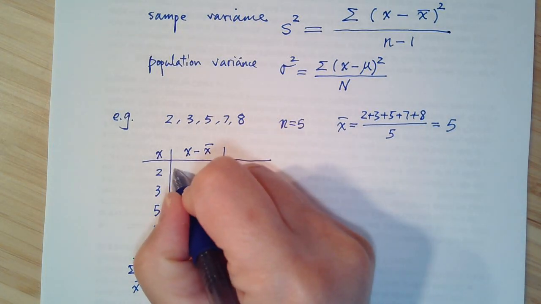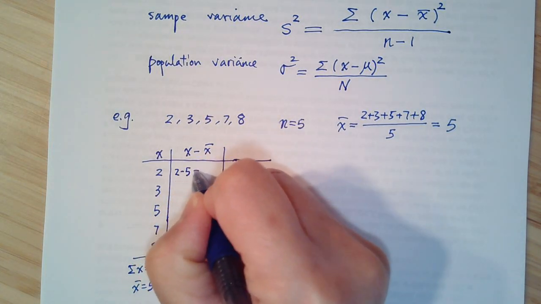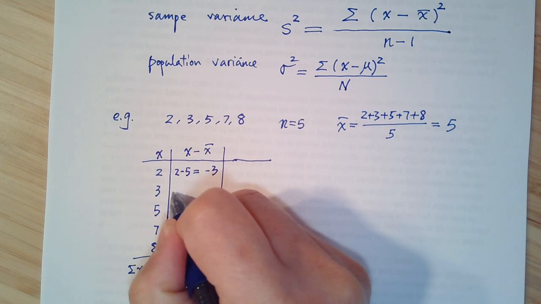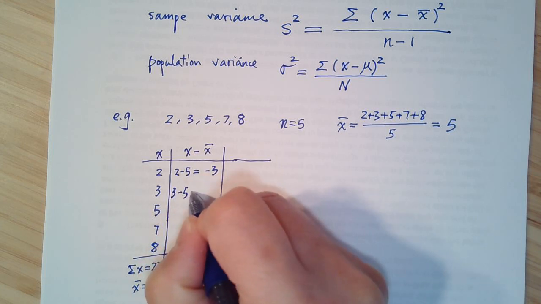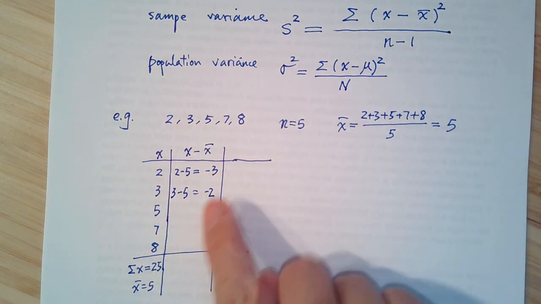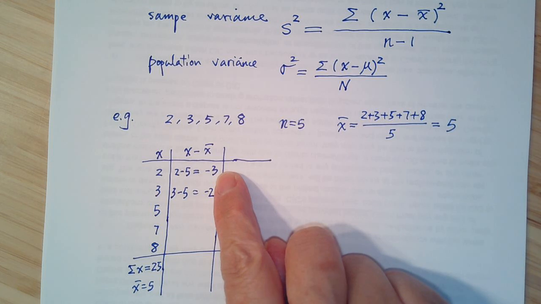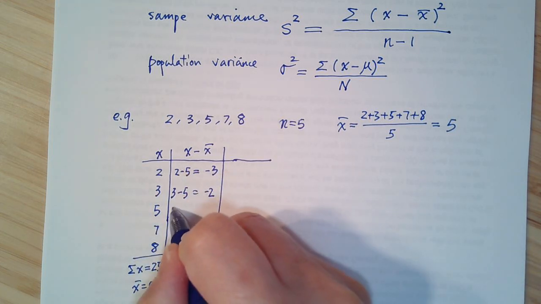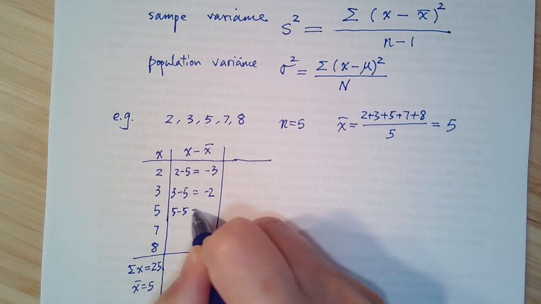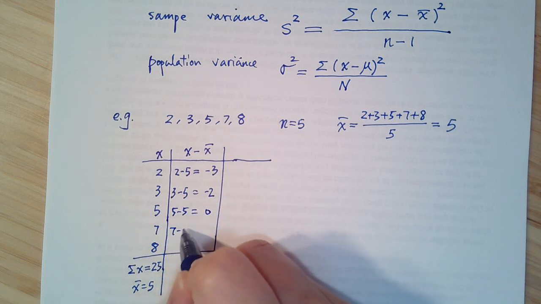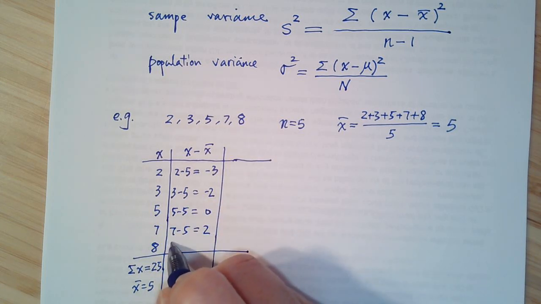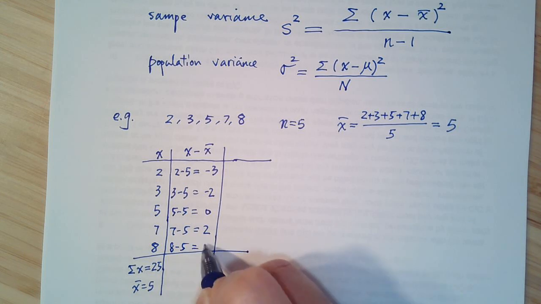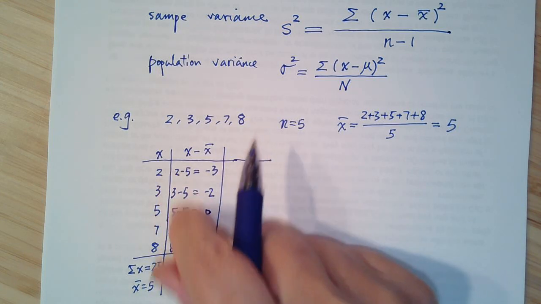So that will be 2 minus 5, which is negative 3, and 3 minus 5, which is negative 2. Of course, you can just write down the number. You can write your answer here directly instead of writing the procedure. I'm just writing it so you can see what's going on here. All right, 0, and 7 minus 5, which is 2, and 8 minus 5, which is 3. Again, you don't really need to write all those.